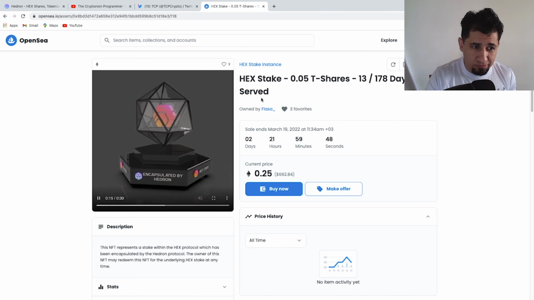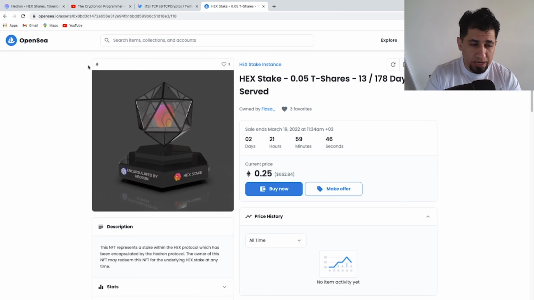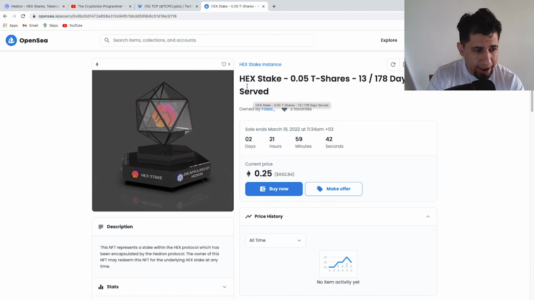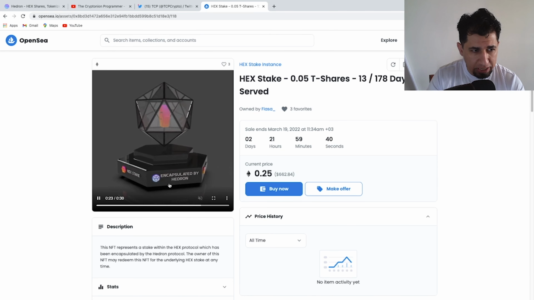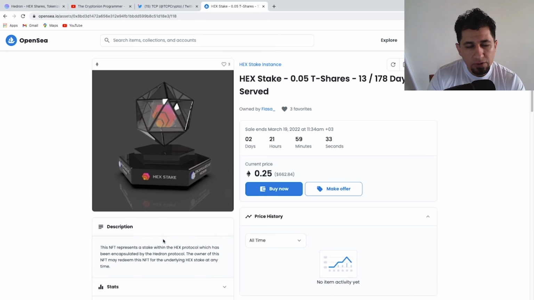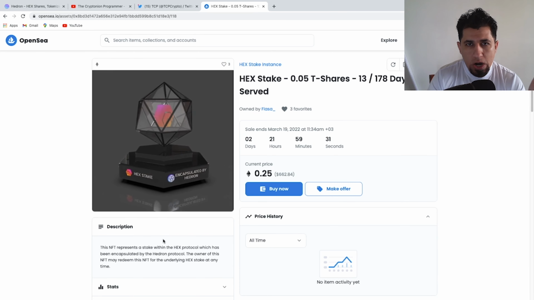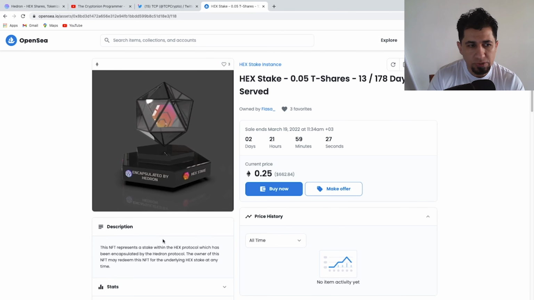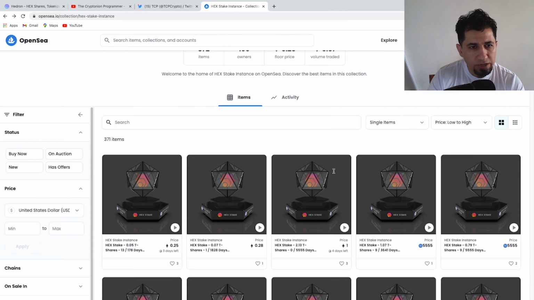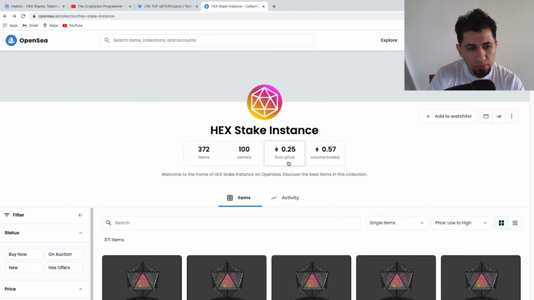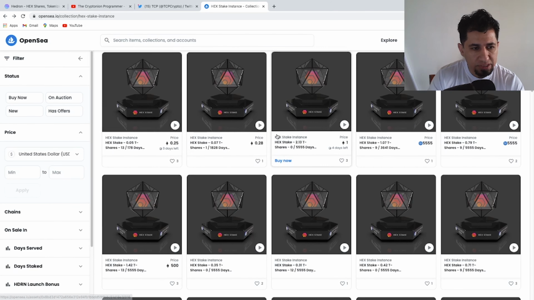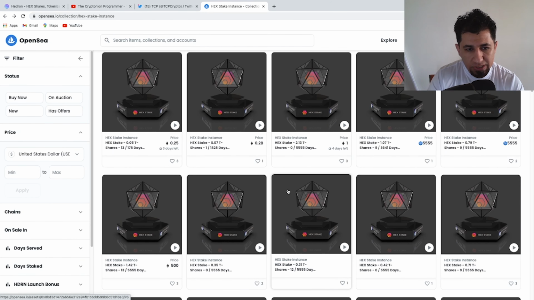As you can see right here, you go to OpenSea, and here what you find is your HEX has been encapsulated by HEDRON. You will have the option of selling your staked HEX as an NFT, tokenize it, and sell it on OpenSea. So you see their price will fluctuate. Right now, this is the floor price that they have, 0.25 ETH. That means this is pretty much the cheapest that you can get, and the sky is the limit, right?